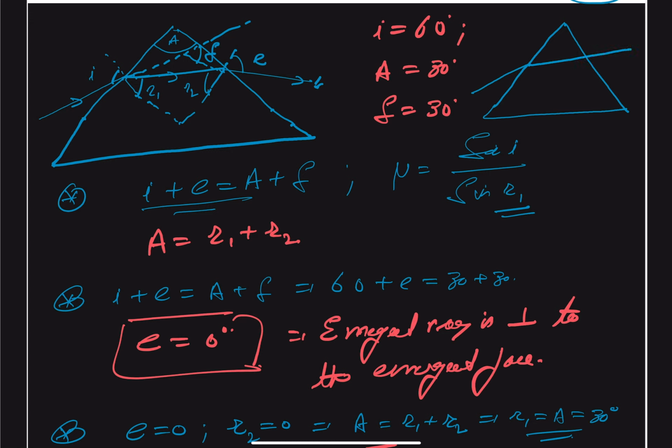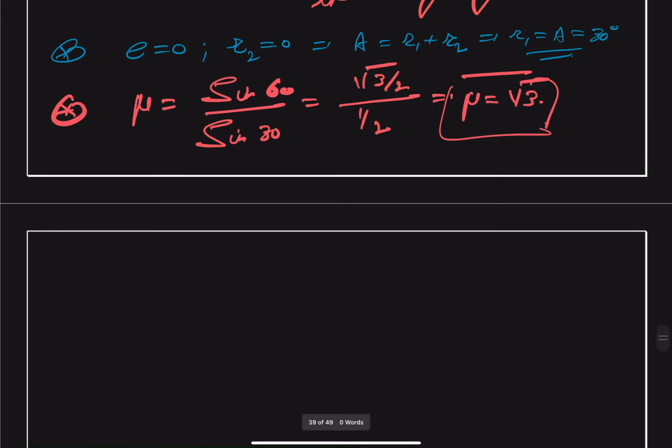This is our angle of incidence, and we have this as R1, and here if we extend this part, this will be our deviation, that is 30 degrees. And this angle is given as 30 degrees.